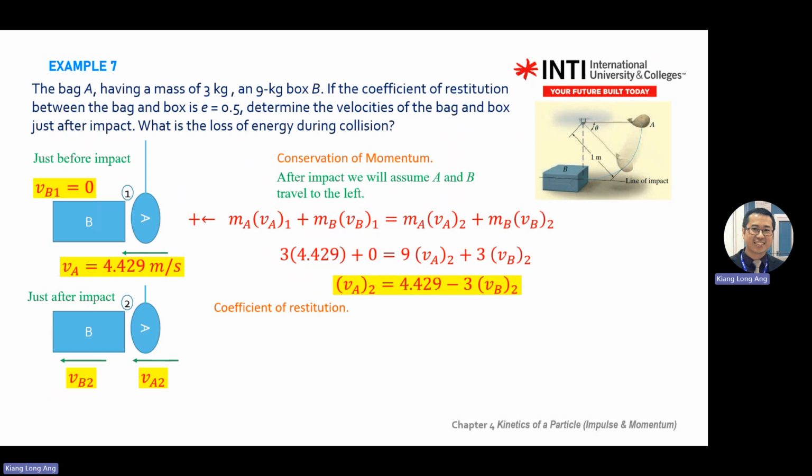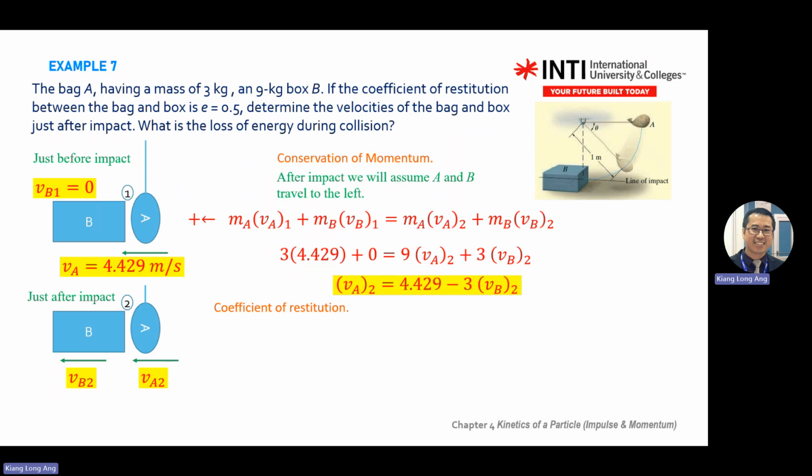If you have the scenario where A moves faster than B before, and after, A moves slower and B moves faster, then you can use this definition. This is after divided by before, and we deal with velocity. The velocity after, you always want to make sure it's positive.